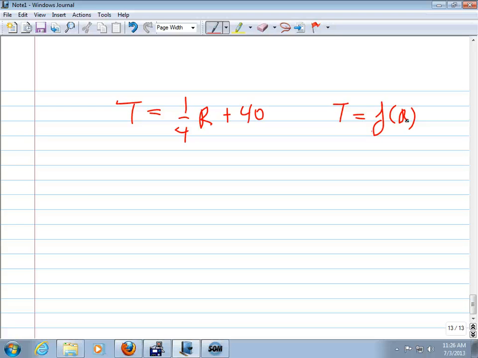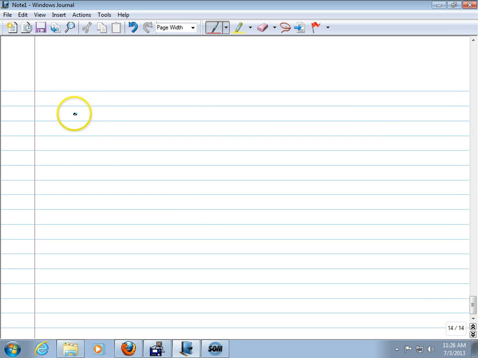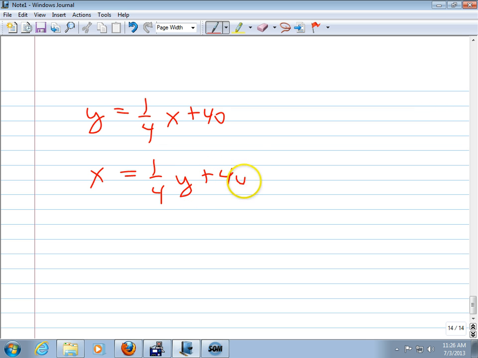Yeah, that's how they do it in Regents class, right? Does that sound familiar? I'm going to do it like they do in Regents class. Y equals 1/4 x plus 40. Swap the x and the y. And solve for y.